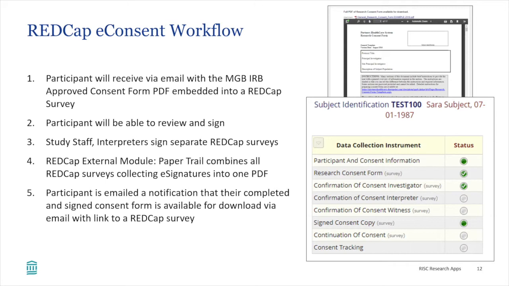Then the signed consent copy, and for this specific one we threw in continuation of consent, not always needed, and then a consent tracker. At the end, the signed consent copy is also emailed. We worked really closely with the IRB and the QI team on this entire process.